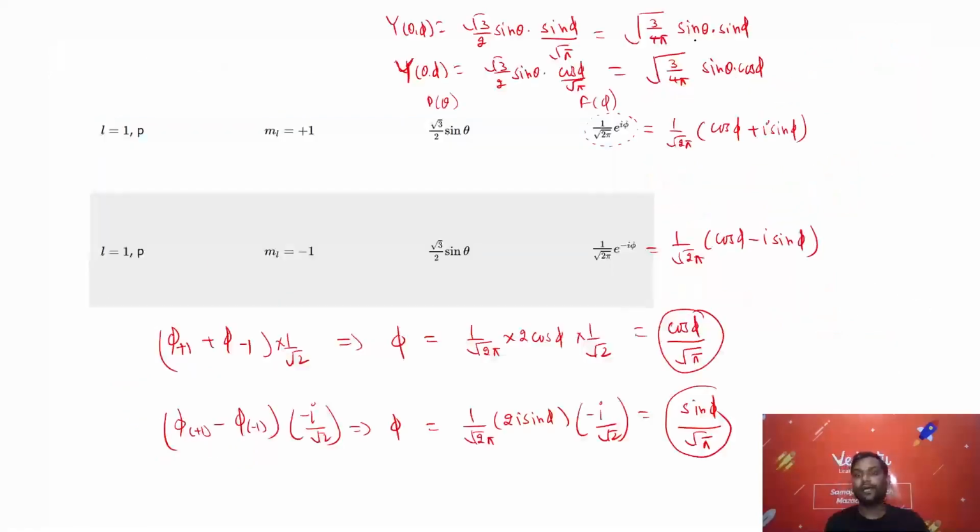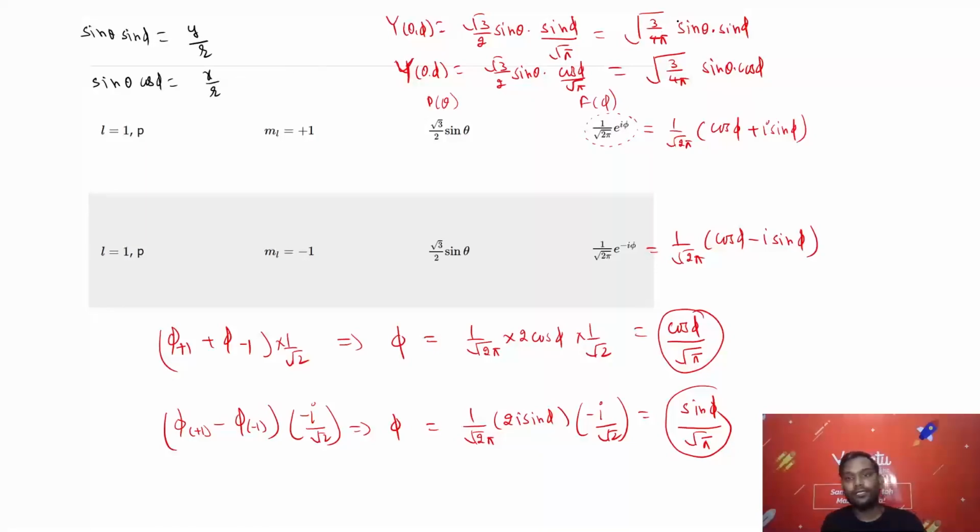Here we have sine theta sine phi, and sine theta cos phi. Now in place of sine theta sine phi, I can write y upon r, and in place of sine theta cos phi, I can write x upon r, right?